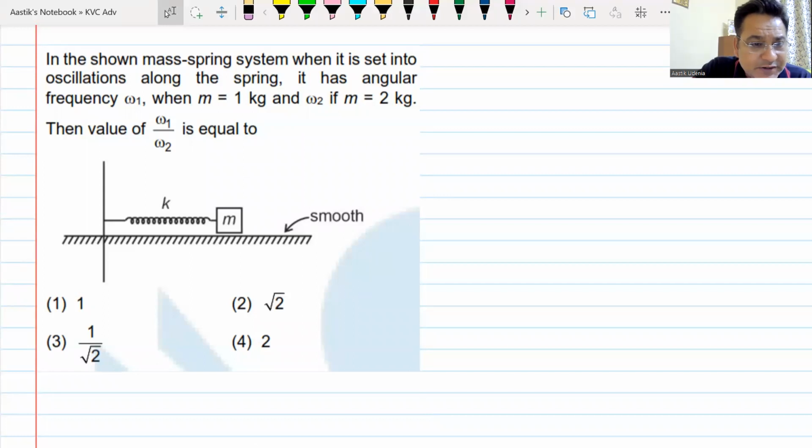This is the next one. In the shown spring system, it is set into oscillation. It has an angular frequency omega 1 when the mass is 1 kg, omega 2 when the mass is 2 kg. This is as simple as it gets. What is the ratio of omega 1 by omega 2?